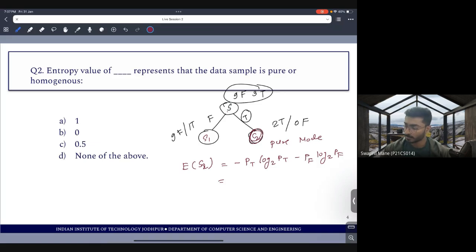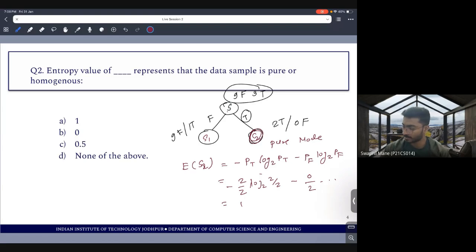Here you can put in these values: 2 divided by 2 log base 2 of 2 divided by 2, minus 0 divided by 2, likewise. You can calculate it on your laptop, and by using log 1 you get the result.